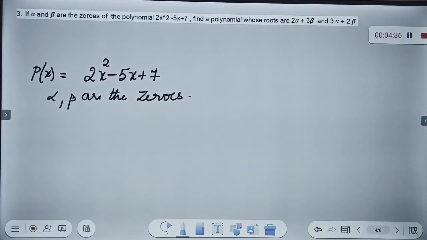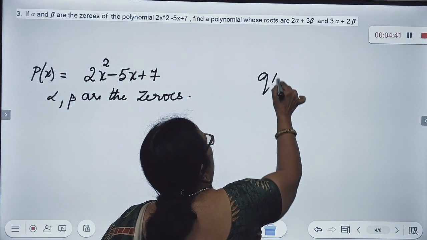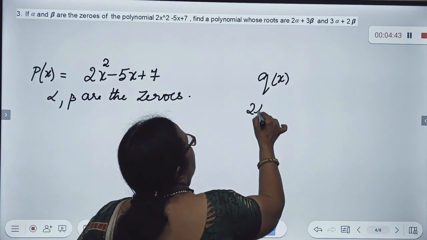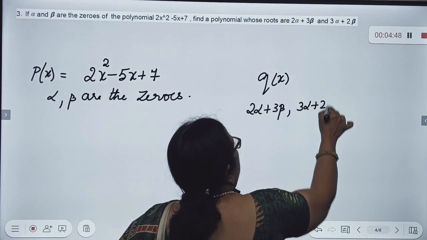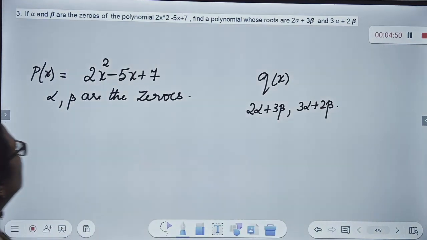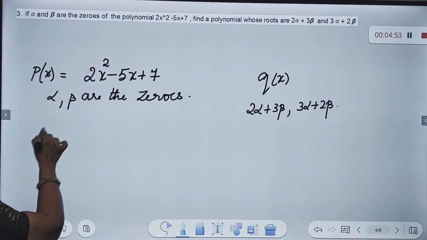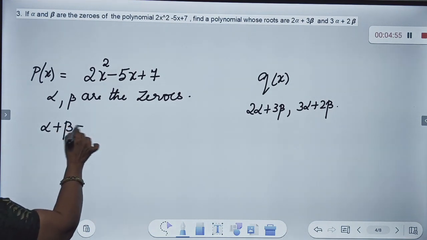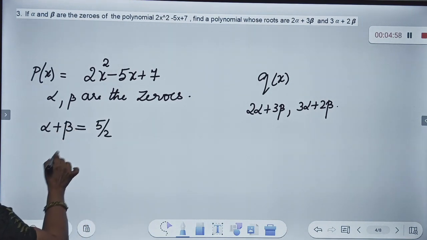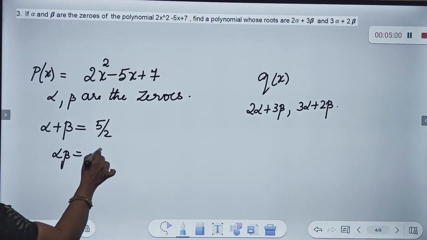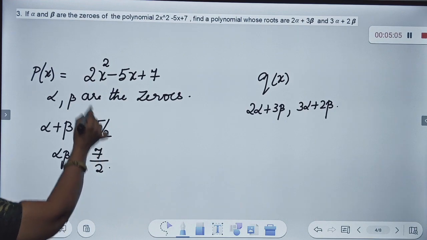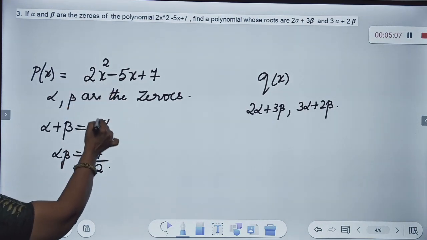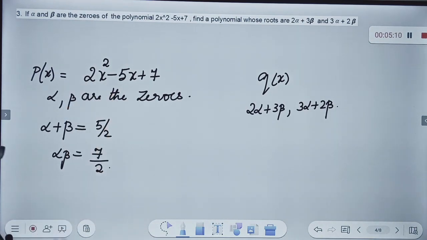You have to find a polynomial q of x whose roots are 2 alpha plus 3 beta and 3 alpha plus 2 beta. Now here, if alpha, beta are the roots, alpha plus beta equal to minus b by a, so minus of minus 5, which is 5 by 2. Alpha beta, the product of the roots, is 7 by 2.